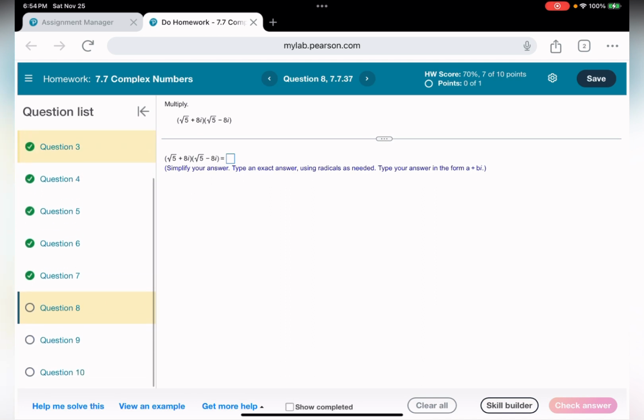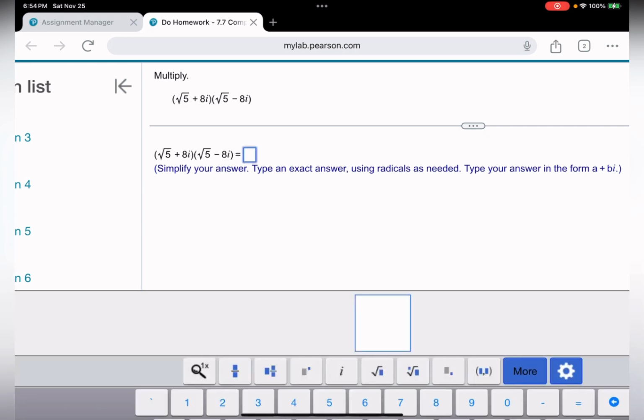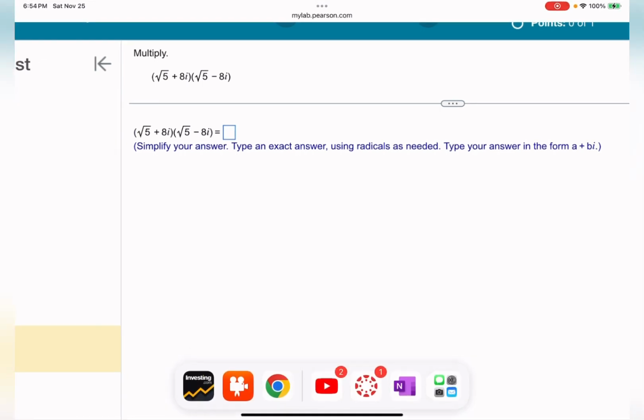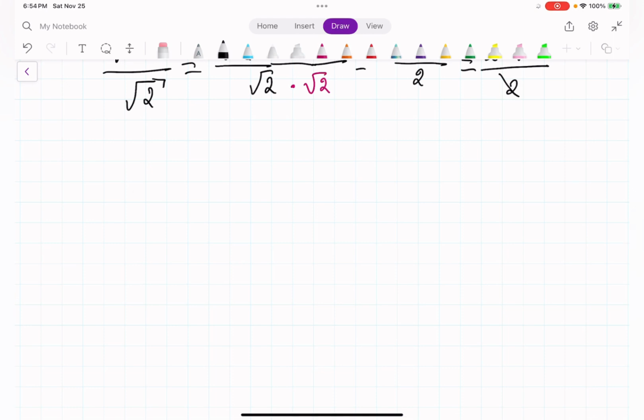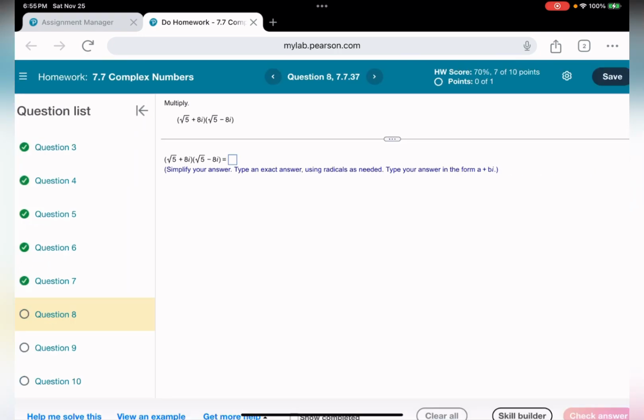Number 8. 5 plus 8i, 5 minus 8i. That's like a plus b times a minus b, right? It's a formula for difference of squares. Remember, a plus b times a minus b is equal to a squared minus b squared, which means what do we have?